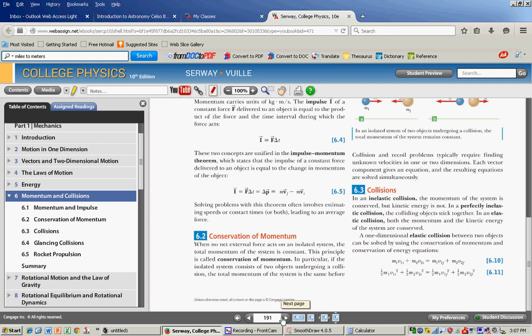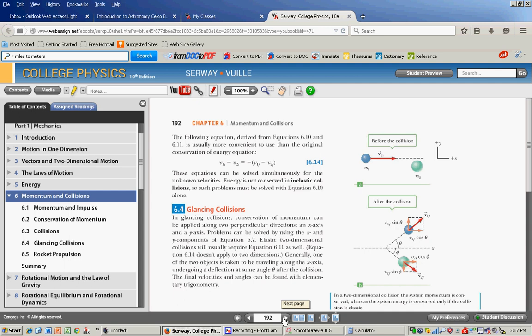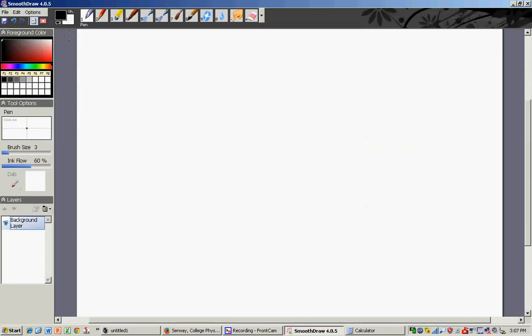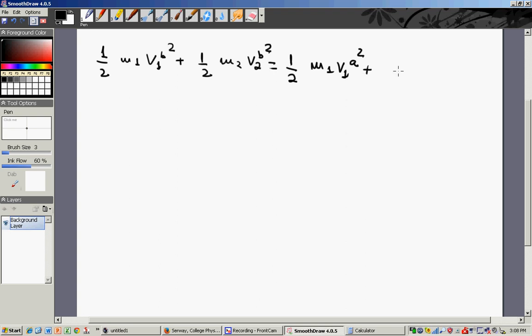do some simplification, and let me show you how that simplification takes place. So if you have half m1 v1 before squared plus half m2 v2 before squared, the total kinetic energy of the system is equal to the kinetic energy after, adding up the first and second object squared.